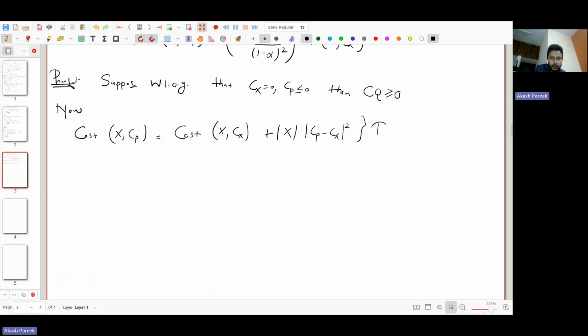This is by Inaba et al. So just by looking at this lemma, to prove the above lemma, what we have to show is that this quantity is bounded by alpha by (1 minus alpha) whole square times the cost of X on CX, right? So if we just prove this, we are done. So let's prove this thing.